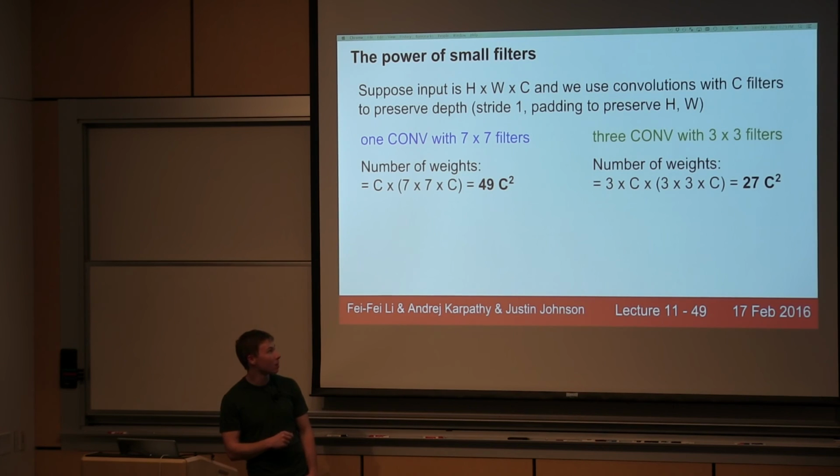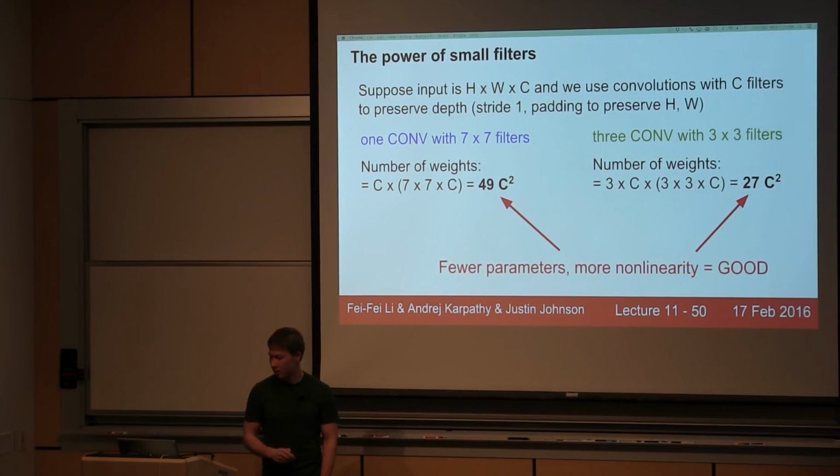But for the 3x3 convolutions, we have three layers. Each filter is 3x3 by C, and each layer has C filters. When you multiply that all out, three 3x3 convolutions only have 27C squared parameters.